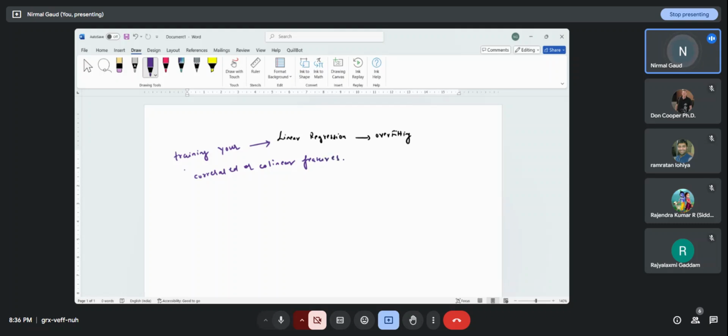That means you are using multiple features, you are performing multiple linear regression, and you faced a problem of overfitting. So the equation says y equals beta naught plus beta 1 x1 plus beta 2 x2 and so on.